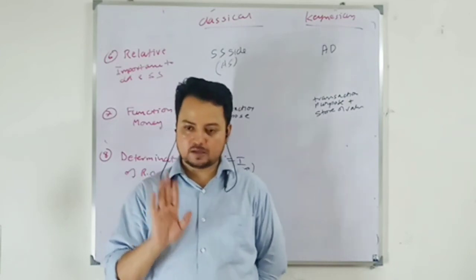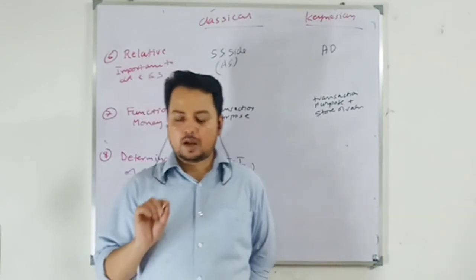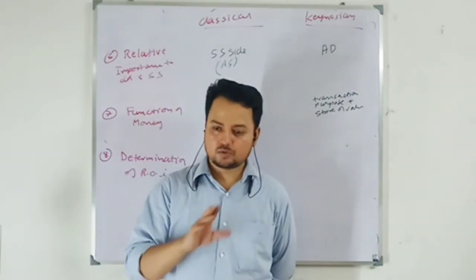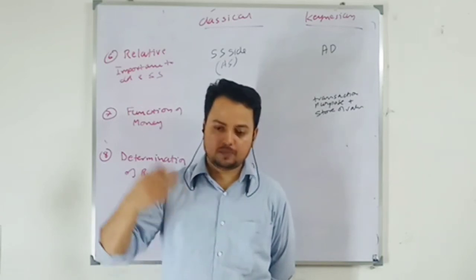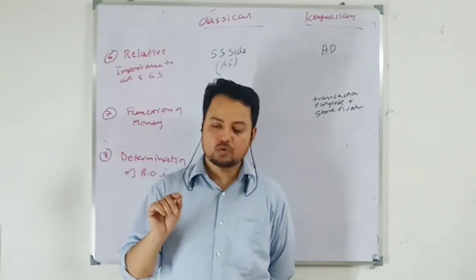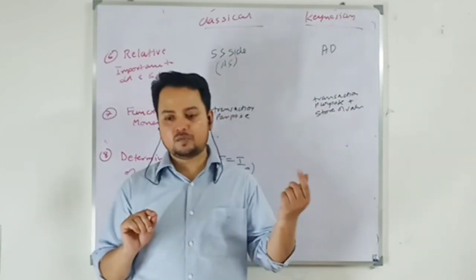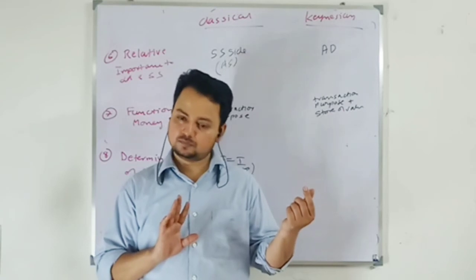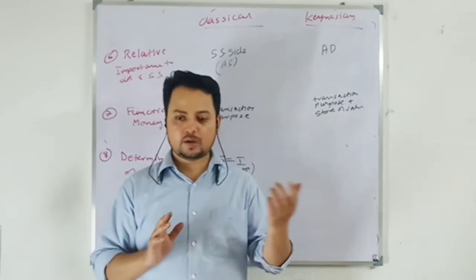Understand the simple argument, that is important because most of the students are writing this part wrong. I have a video on the YouTube channel where I have discussed this part, and previously also I have discussed this. When you have equilibrium in the money market, the bond market will automatically be in equilibrium. So we only look at the money market, no need to look at the bond market.